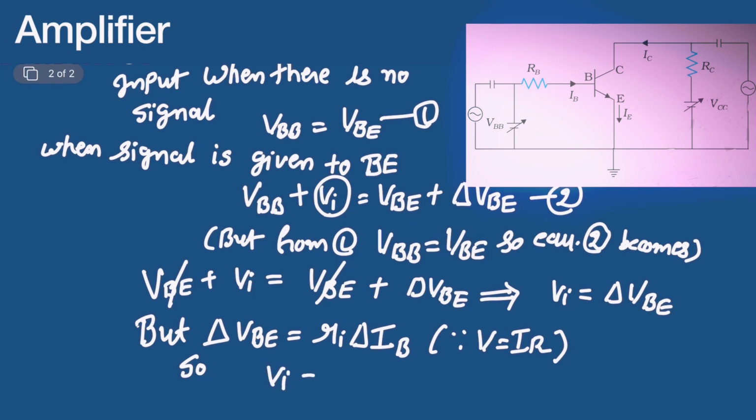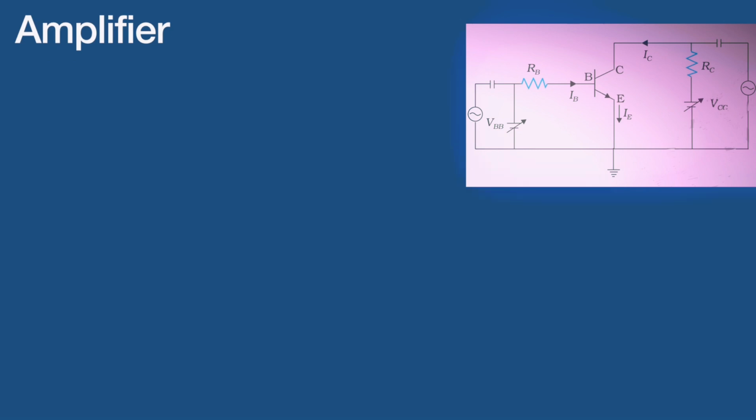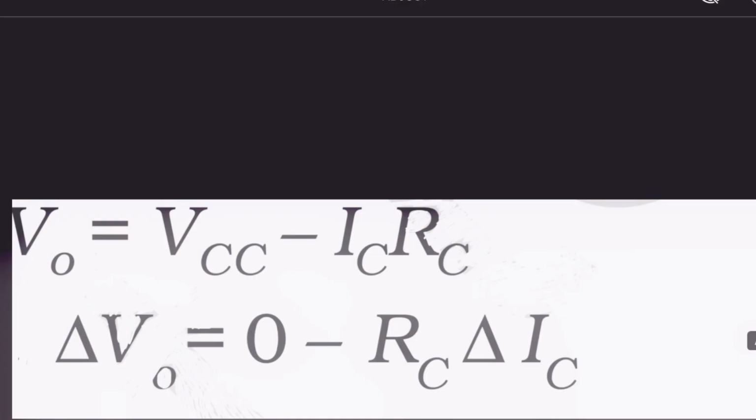So now we will get input Vi is equal to Ri delta IB, and now we'll study output. You know that to study output, you have to study IC, means collector current, with respect to collector voltage.